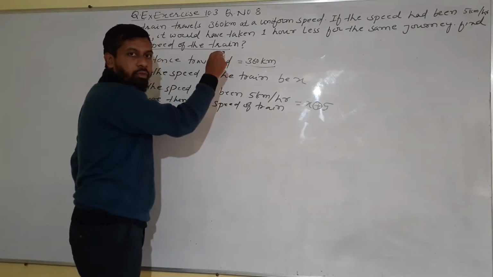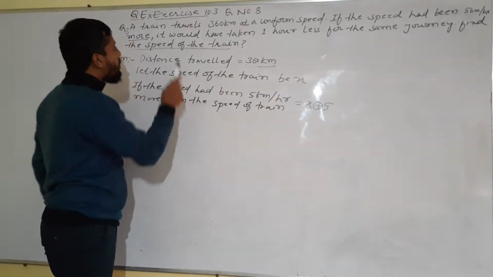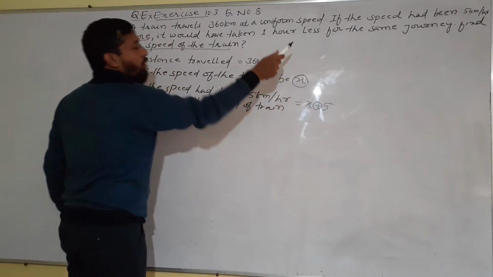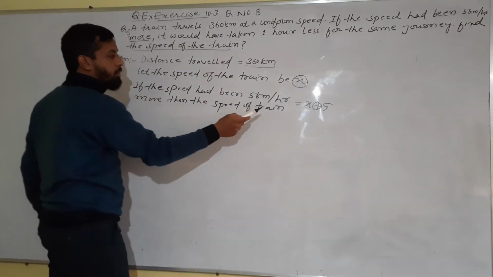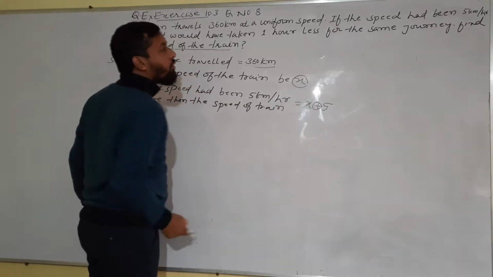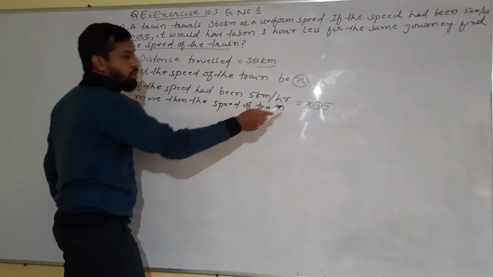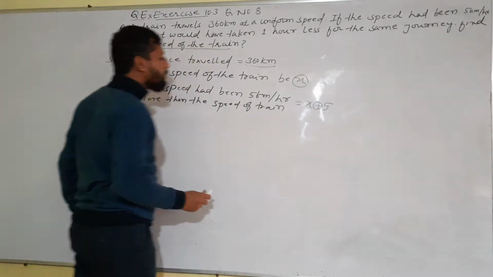We don't know what is the speed of the train, so we have taken the speed of the train as x. When speed is 5 km more, that time speed will be x plus 5. Why plus? Because the word more can be used as a plus sign in the mathematical form.